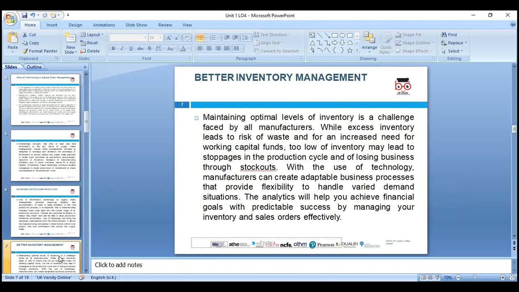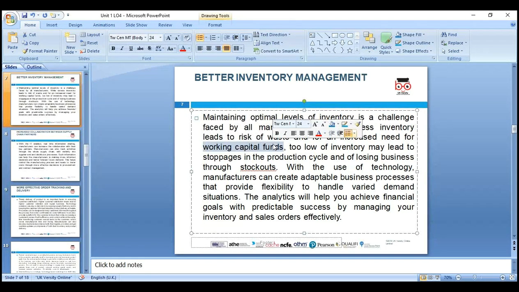Then we look at how technology, e-commerce, also helps us maintain an optimum level of inventory, which is a challenge for manufacturing. Excess inventory leads to the risk of waste and increased need for working capital funds. Working capital means the running capital in a business.